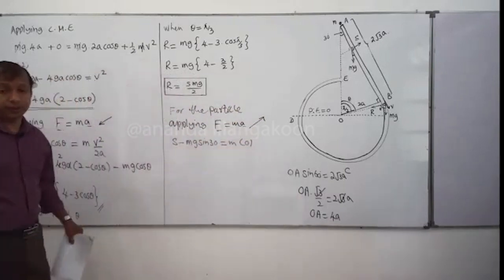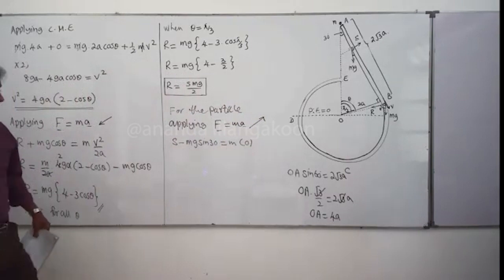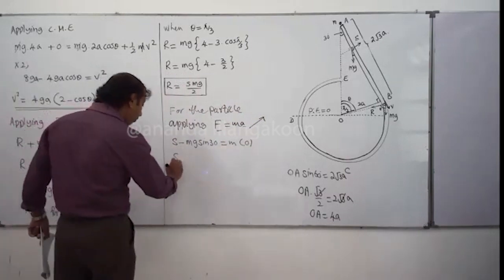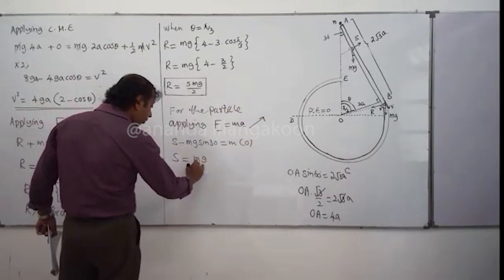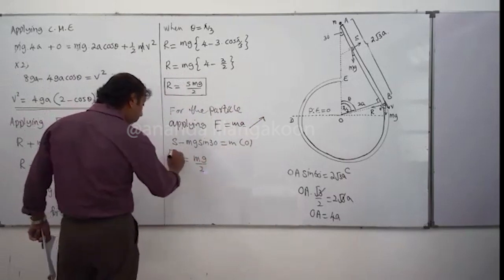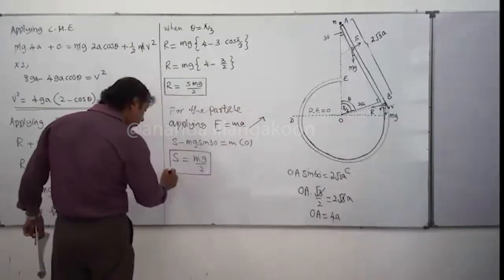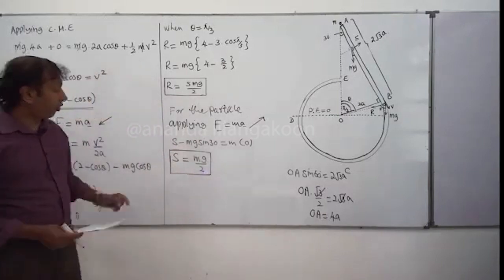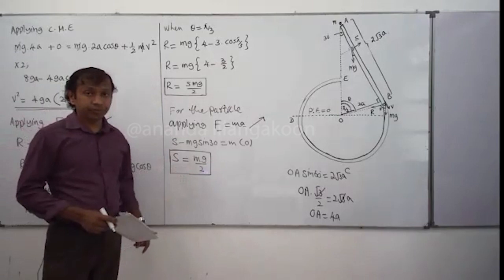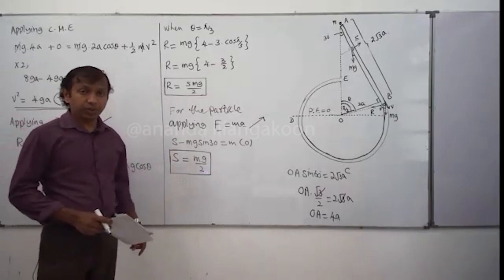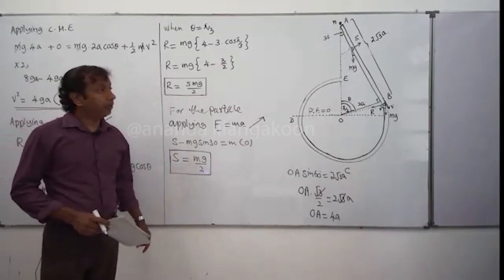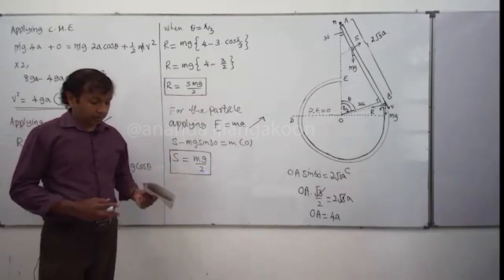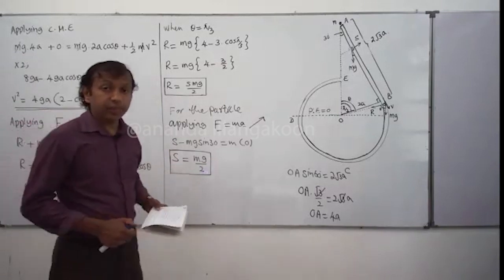Then S equals mg sin theta, which is mg by 2. This S is a constant value, mg by 2. Until what motion of the particle? Until the motion ends at B.